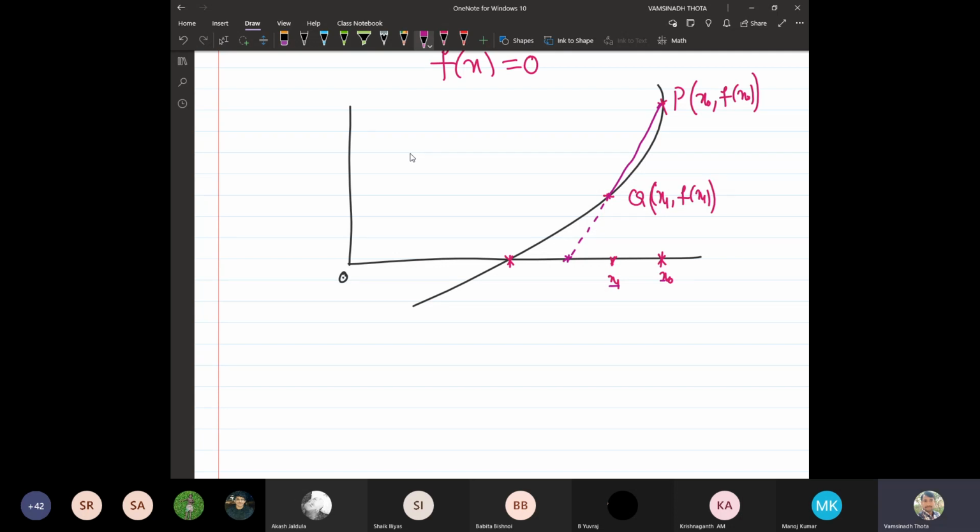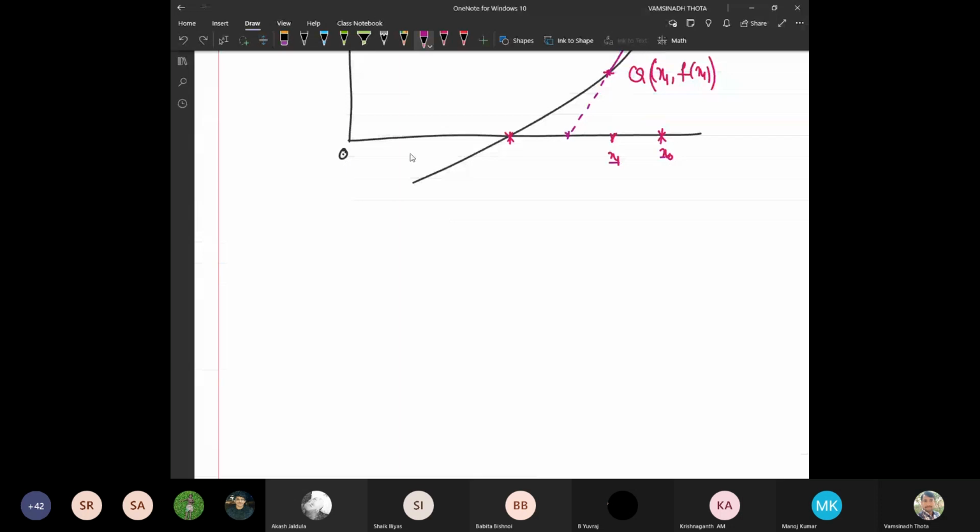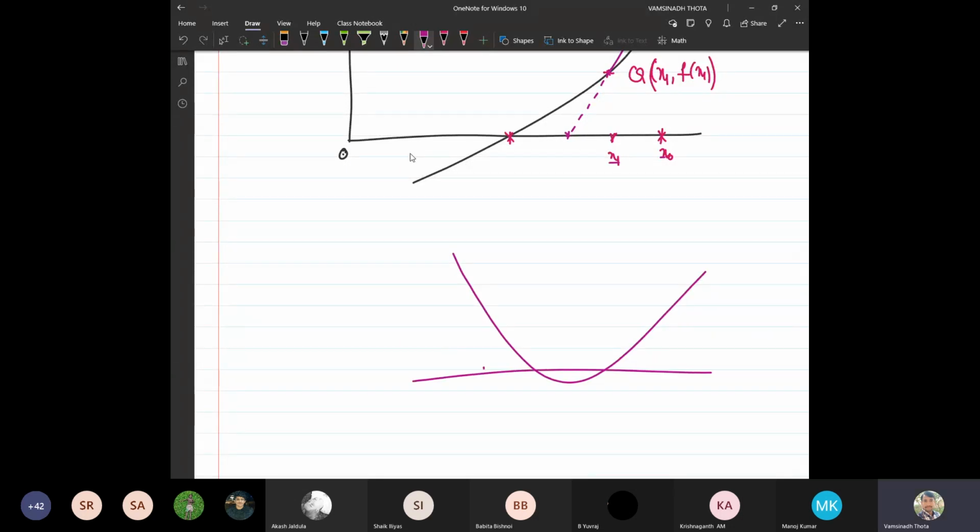What is going to happen if the line joining P and Q does not intersect the x-axis? For example, you take this function, this is the one point and this is the other point. Join these two and extend it.